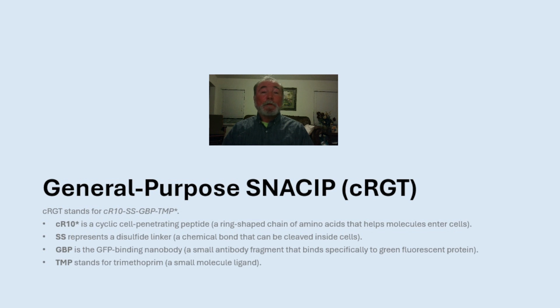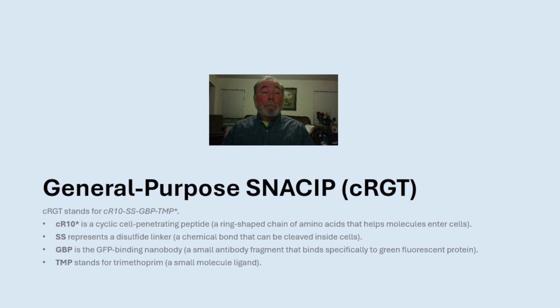General purpose of the chemically induced proximity factor, CR10-SS-GBP-TMP. The CR10 refers to the peptide that helps it get into the cell. SS represents a disulfide linker.